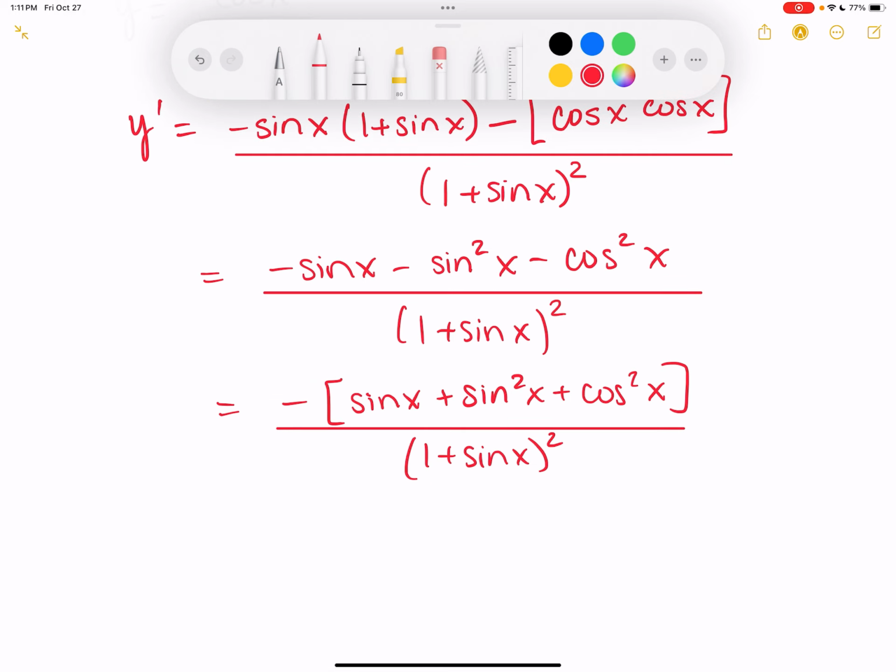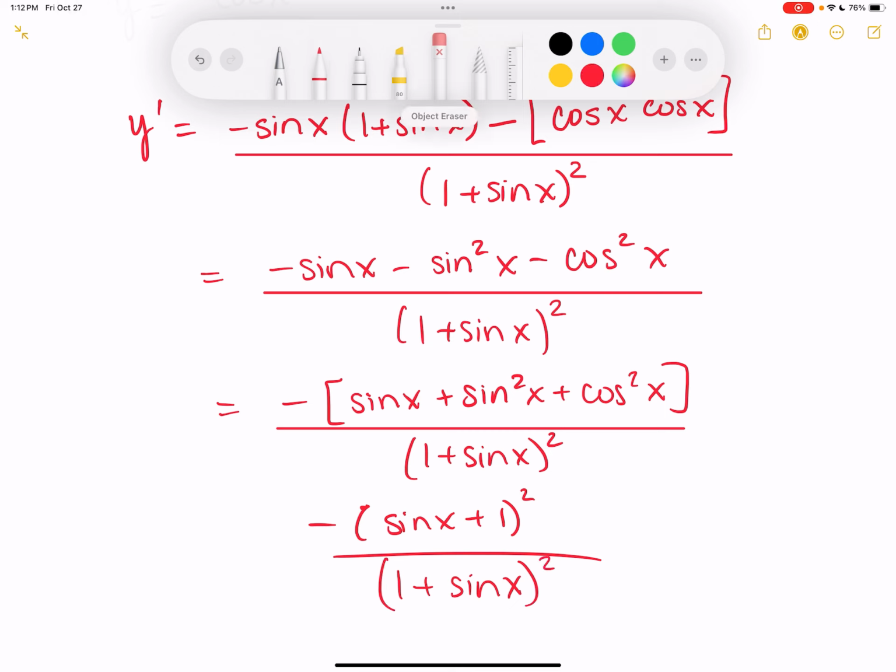Now, Nathan, what can I do? Trig identities. Okay, sine squared plus cosine squared is 1. So negative sine of x plus 1 squared over 1 plus sine of x quantity squared. Nope, wait, disregard that. I was getting ahead of myself. Now what? Can't we cancel something out?